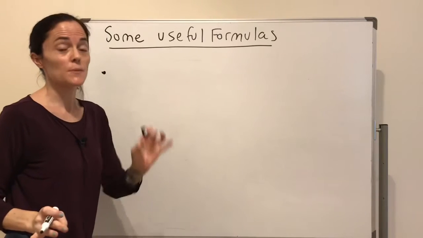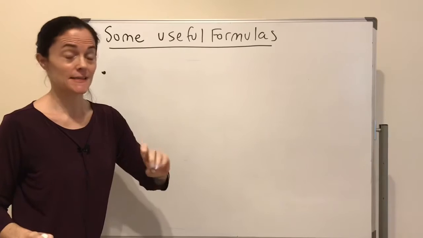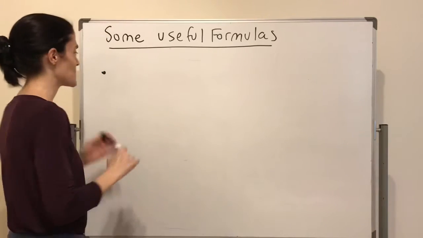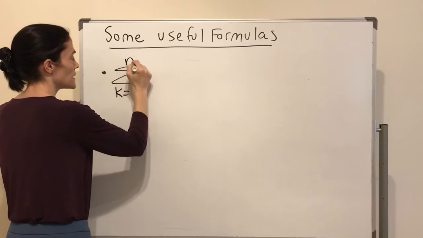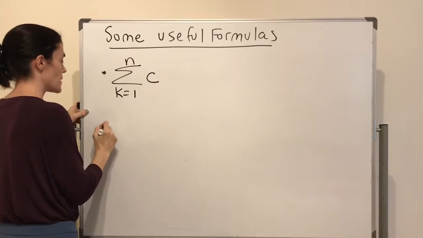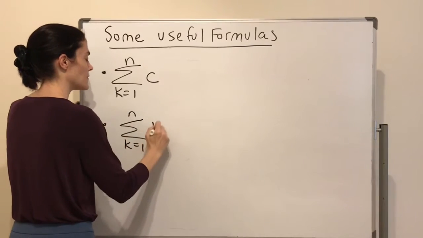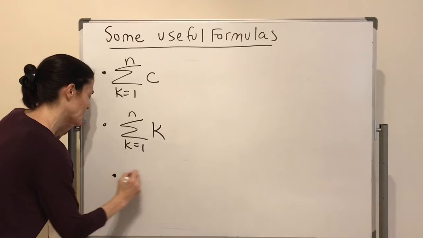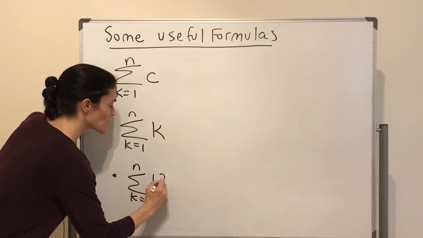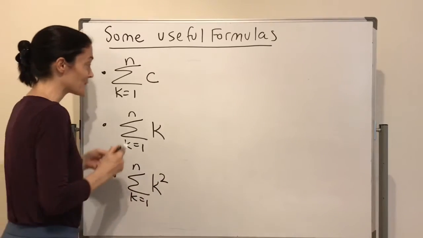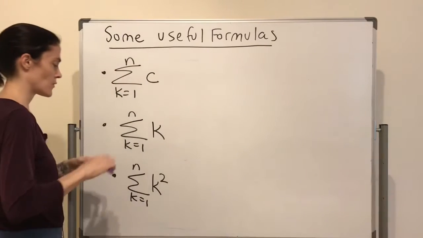Now let's discuss some useful formulas that you can use to calculate a sum, and we will use to calculate some sums. The first is if you add from 1 to n of c, c is a number, you add from 1 to n of k, and then we add from 1 to n of k squared. Now, the first one we can just think about, maybe I will do the formulas in purple.